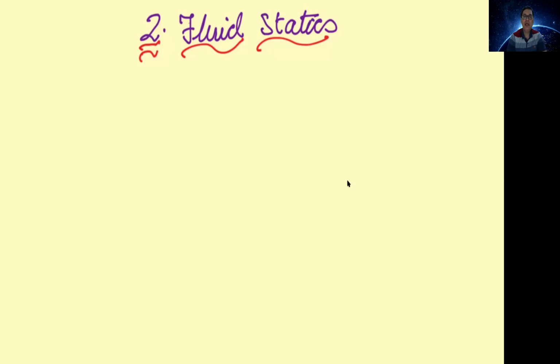Whereas if you consider a stationary fluid situation, and you talk about the actor in a fluid static situation, then you do not have a velocity since there is no flow, and you only have pressure as an actor for fluid statics. Let us start with every topic from now onwards.